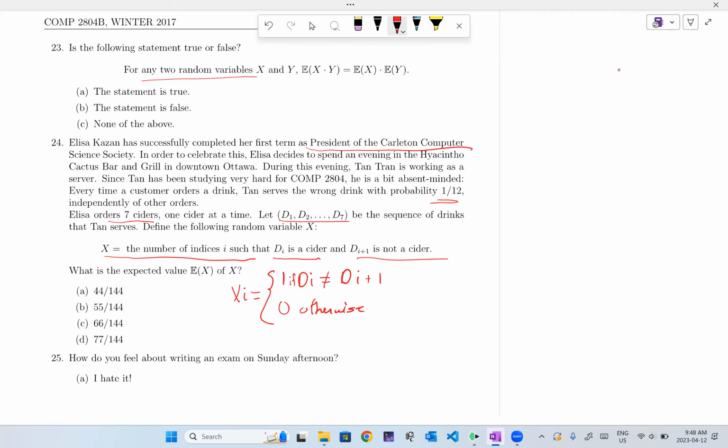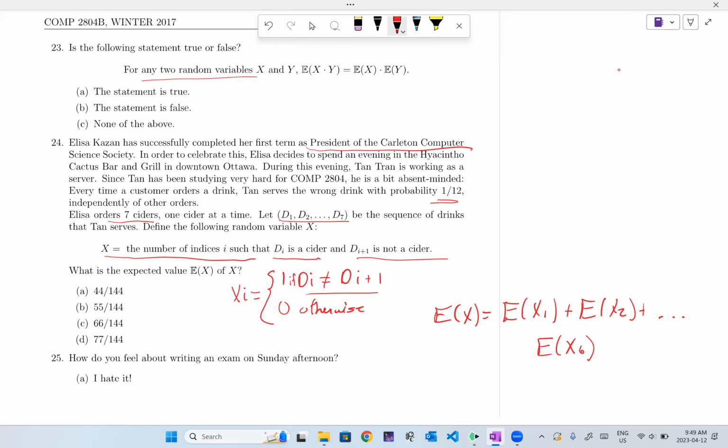So again, the two questions are, what is the probability of this event and how many indicator random variables do I have? So this is equal to E of x1 plus E of x2 plus and so on. She orders 7 ciders, so 6, right?